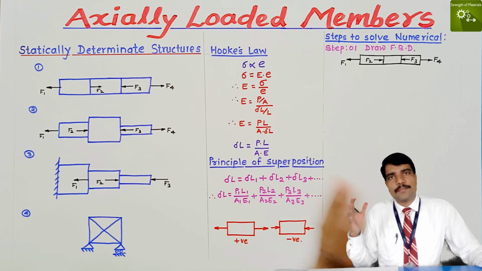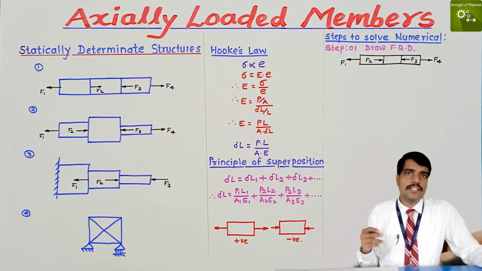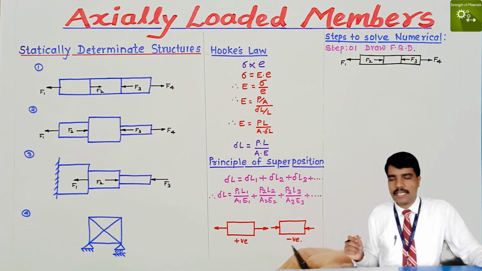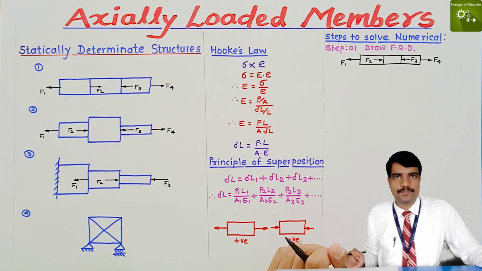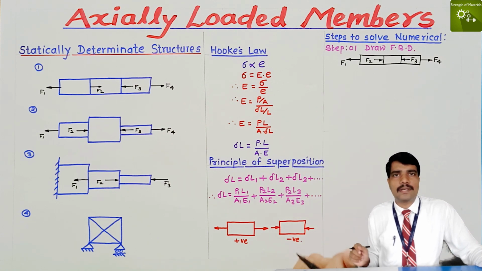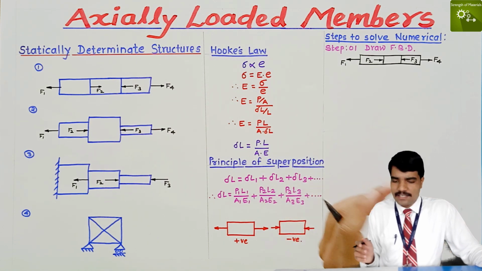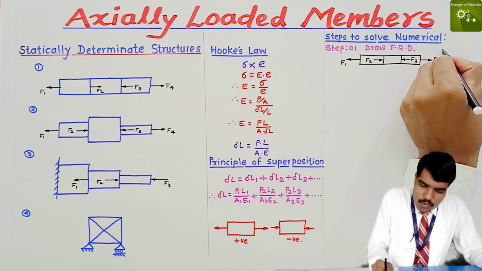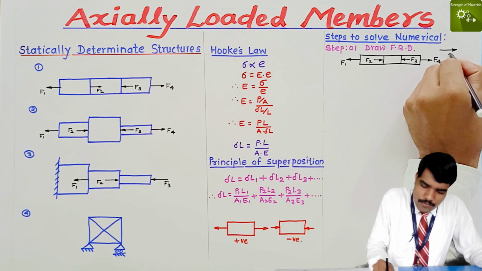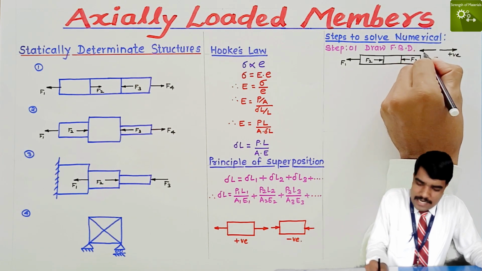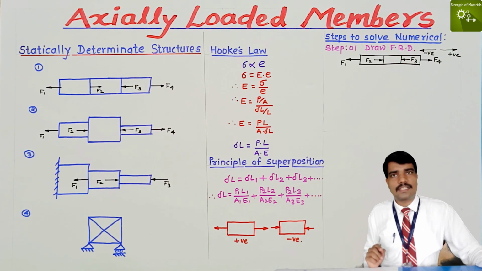We know summation Fx is equal to 0, summation Fy is equal to 0, and moment at any point is equal to 0. These three are the static equilibrium conditions. We apply the first, summation Fx is equal to 0. Use simple sign conventions: a force going towards the right side we take positive, and a force going towards the left side we take negative. Simple.